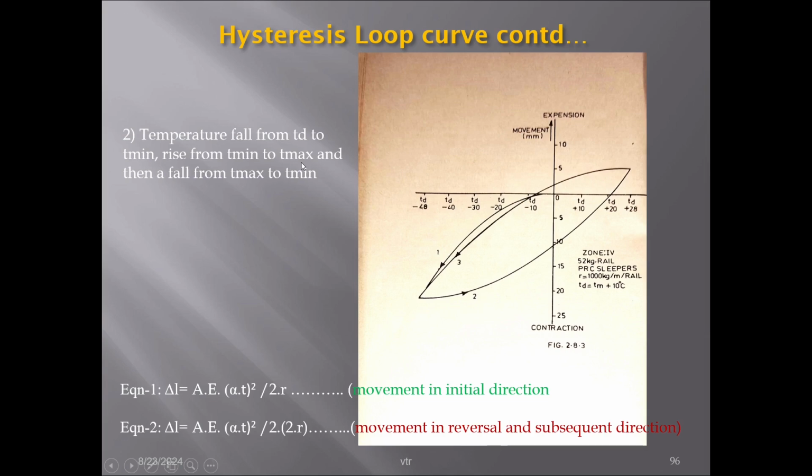In this method, temperature falls from TD to T minimum, rises from T minimum to T maximum, and then falls from T max to T minimum. That means from TD, the temperature at installation, we assume, though it is only an assumption because the actual scenario will not happen since there is fluctuation every day, that the temperature steadily decreases to T minimum, then increases to T maximum, then again steadily decreases to T minimum, completing the cycle.